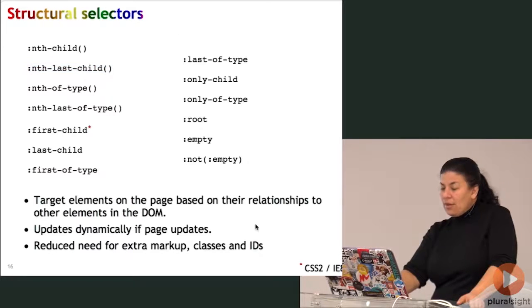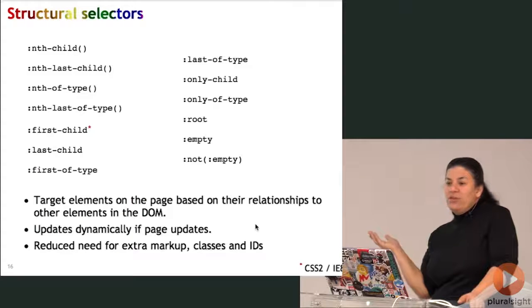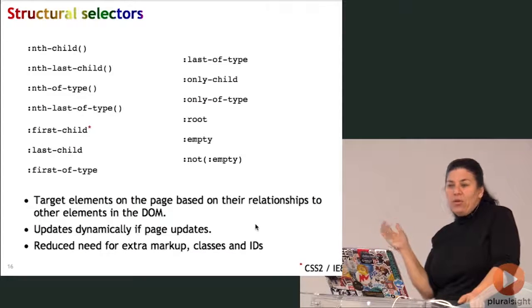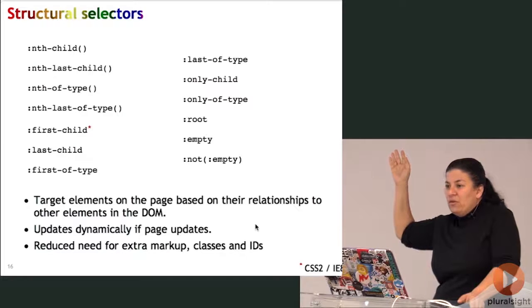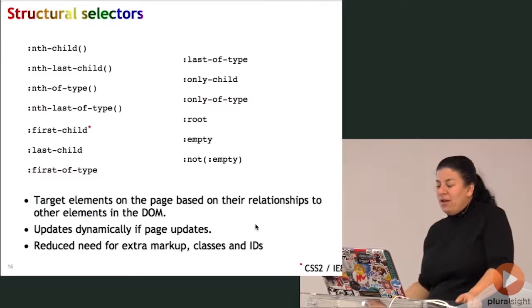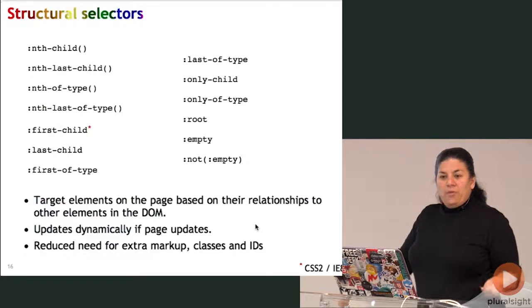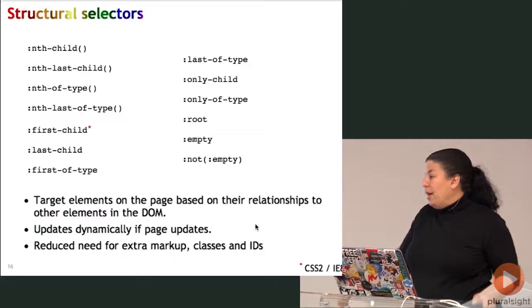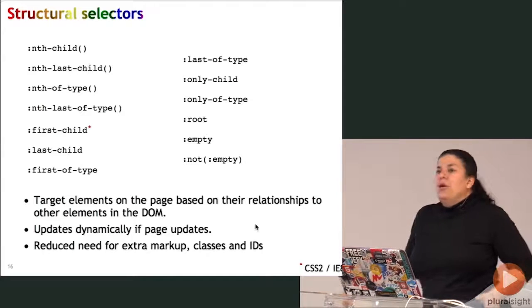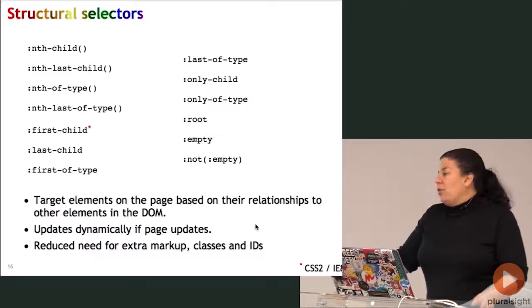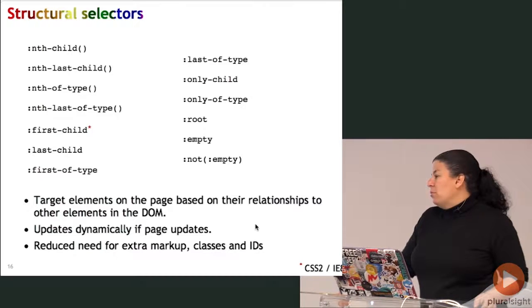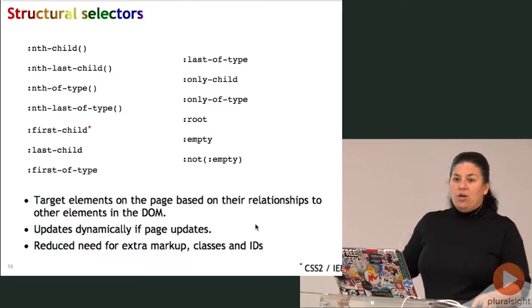And the cool thing with these is, has anyone ever done a striped table, with one line gray, the next line white? Show of hands. I should just ask who hasn't done that. So you might have been doing it up to this point in your backend code, or using jQuery, to say every other row add the class of even, and every row add the class of odd.